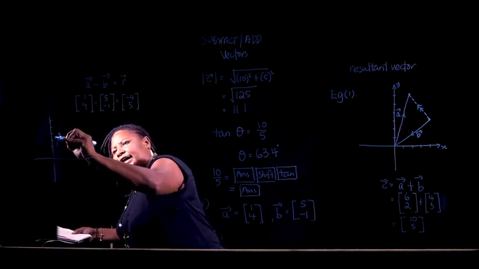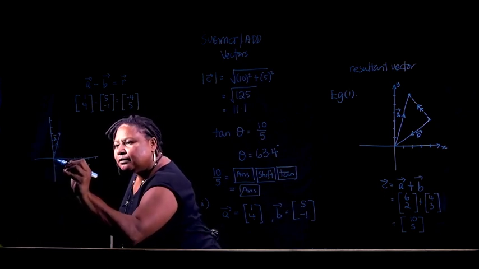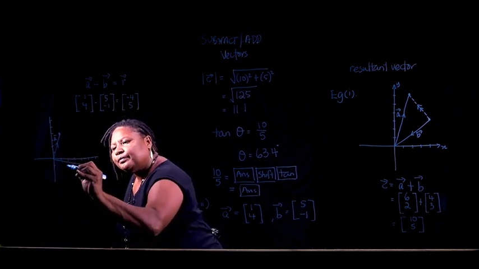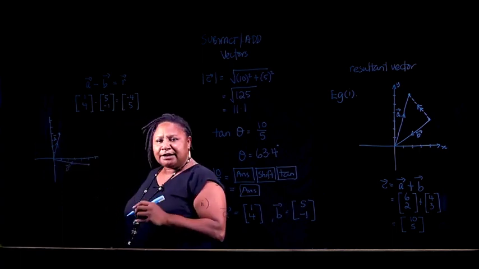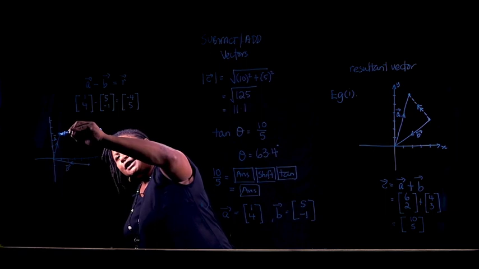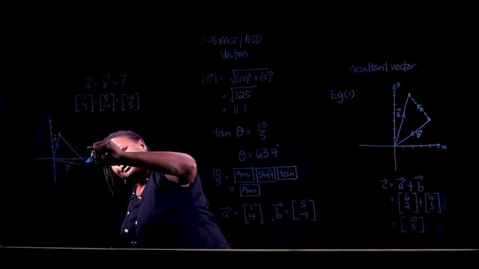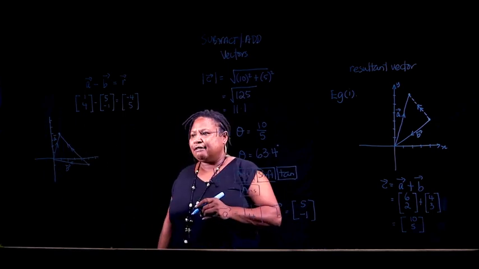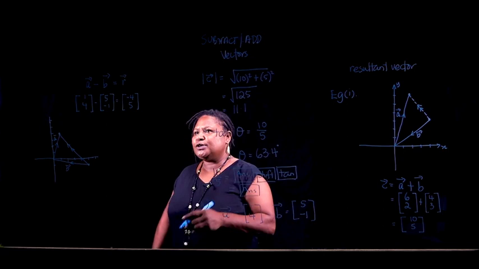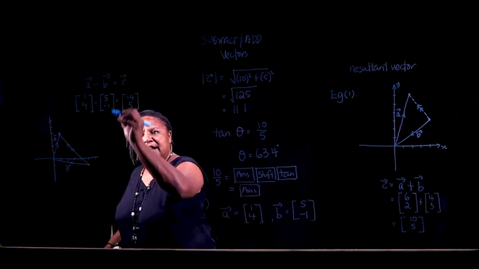So vector A, vector B, and the resultant vector is going to be in this direction. So there's our resultant vector. Now we are going to use Pythagoras to find the length of the vector.